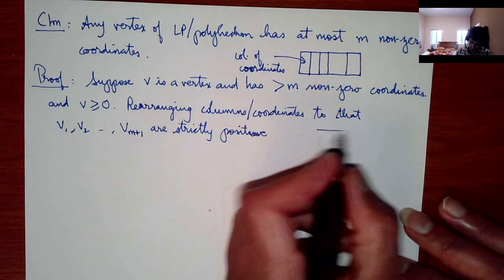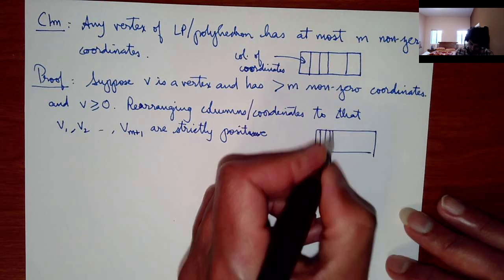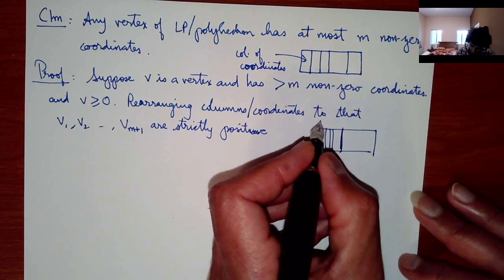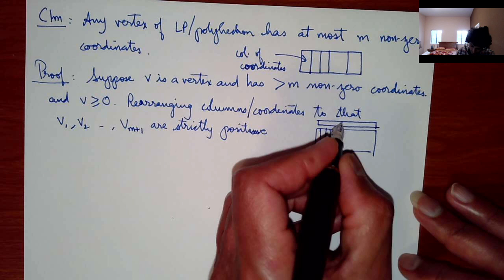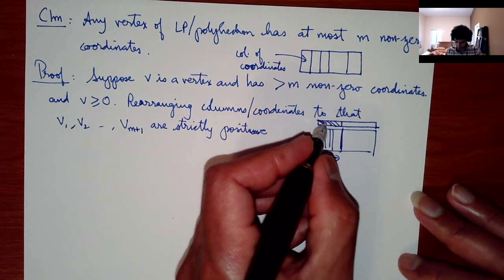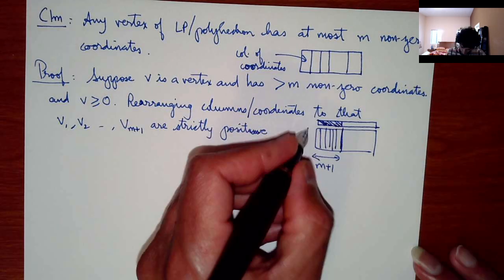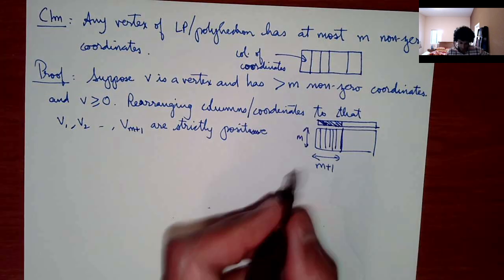So there are m plus 1 columns here, and if I look at my V, all of this portion is strictly positive. On the other hand, the dimension is m, and you have m plus 1.